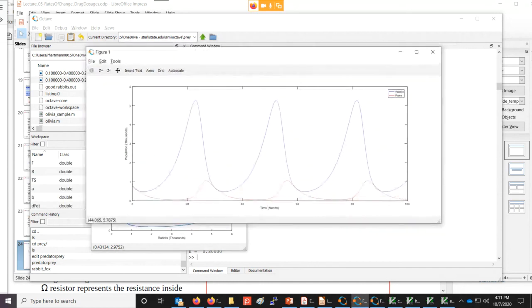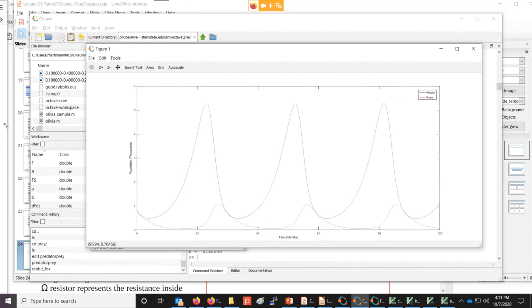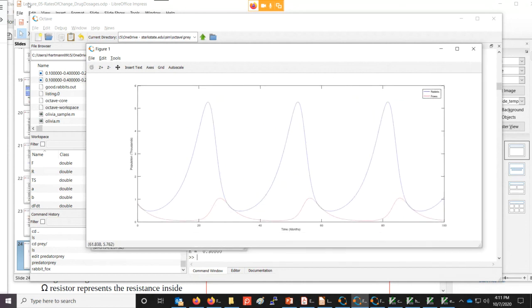All right, so in this example here, your population is stable, but constantly changing. So what's happening here is that you're starting off here with a lot of rabbits. The rabbits are in blue in this example.